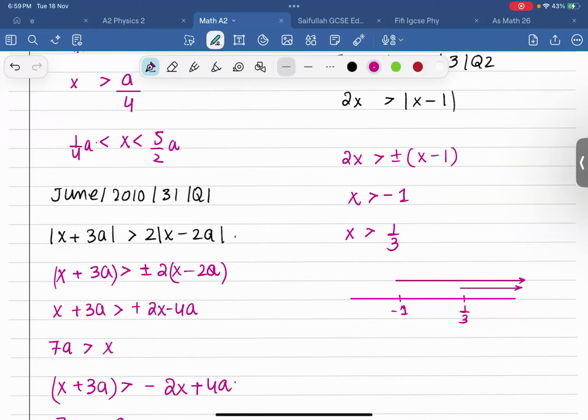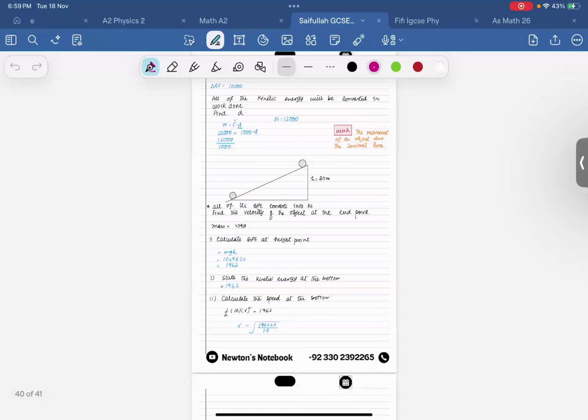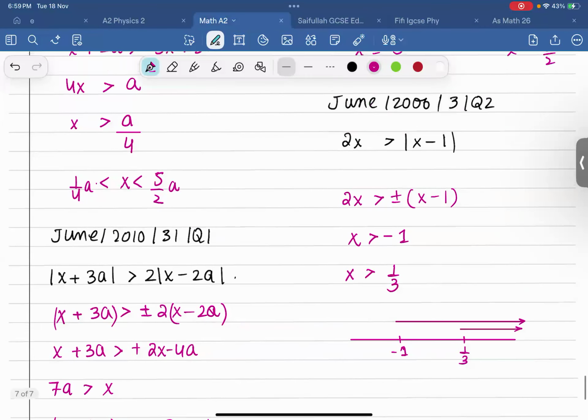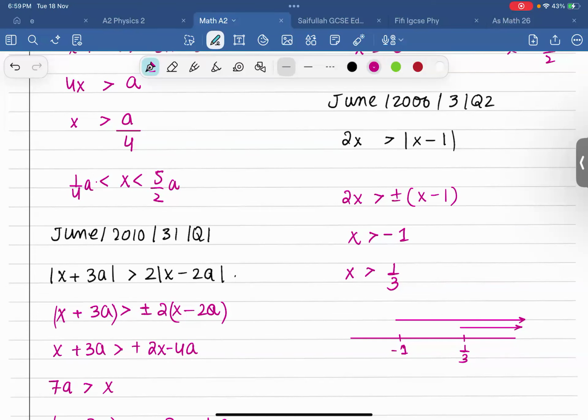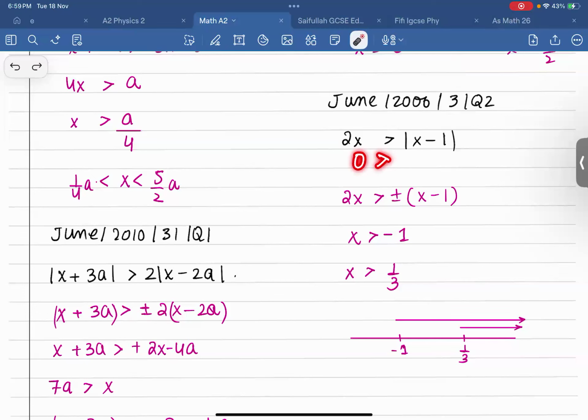अच्छा अगर हम वेट एक मसला लग रहा है. If we put 0, so 0 is greater than 1. Okay, so if I put 0 in it, it's not giving a correct answer. So this means this region is not acceptable, right?